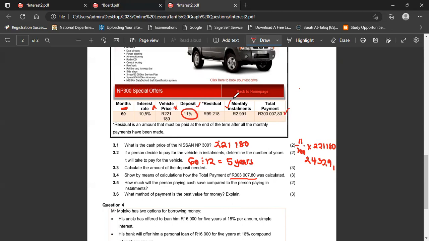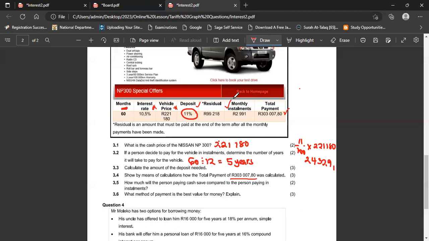So we shall get the monthly installment times 60 plus the deposit that we've just seen, which is 24,329.80, plus the residue.